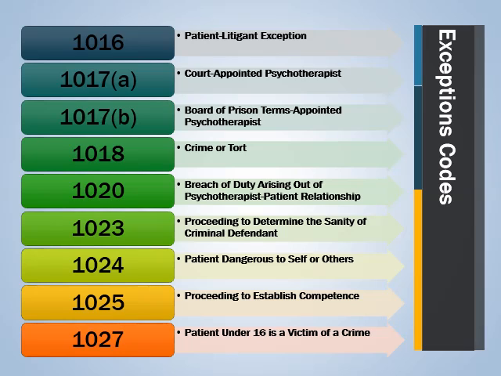And 1027, the patient under 16 is a victim of crime. And 1026 is the one about the public. So those are your exemption codes. You probably don't need to know that, but if it helps you to remember, there they are.